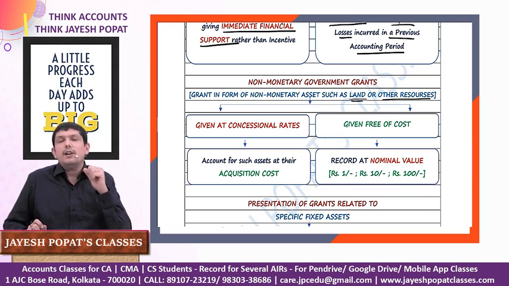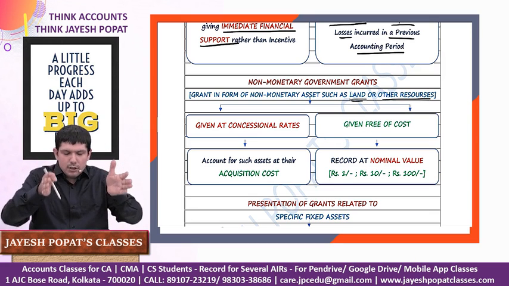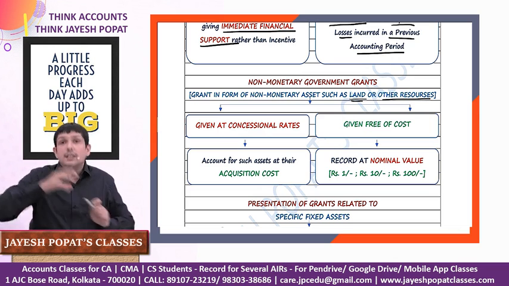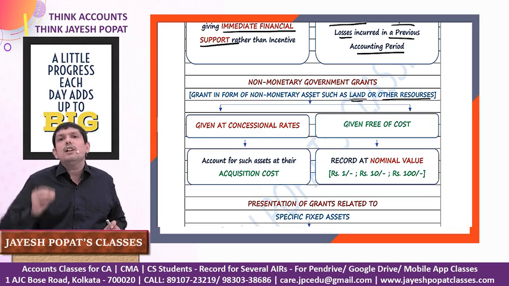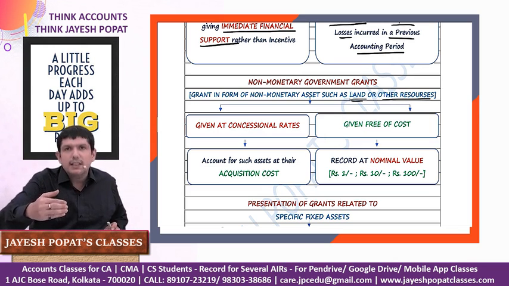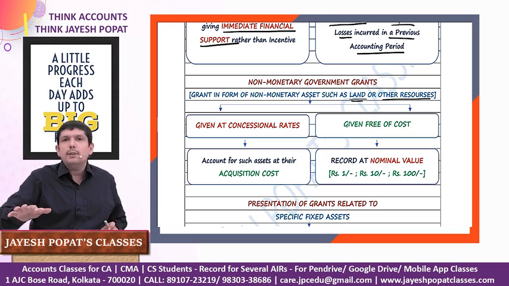It could be two scenarios. Either the land is given to you at a concessional price, maybe the fair value of the land in a particular area is 10 crore, and the government is providing you this land for 5 crore. This is treated as providing a non-monetary asset at a concessional rate. Another thing could be it is given free of cost. It says that you set up your factory here, we'll give you, let's say, land free of cost.